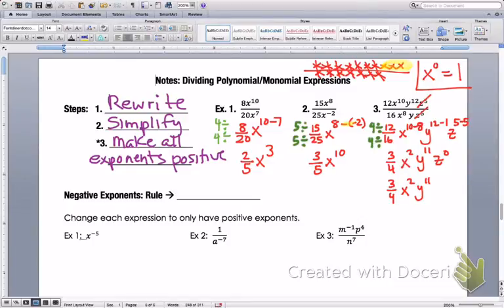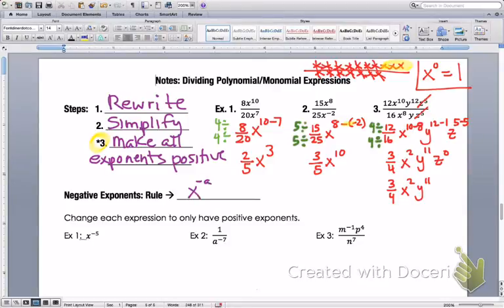All right, now for number 3, which I said was make all exponents positive. Looking at our answers, all our exponents were positive. But what if our exponents are not positive in our final answer? We need to make them positive. There is an actual exponent rule for this. Let's say we have any base x to the power of a negative number, let's say negative a.